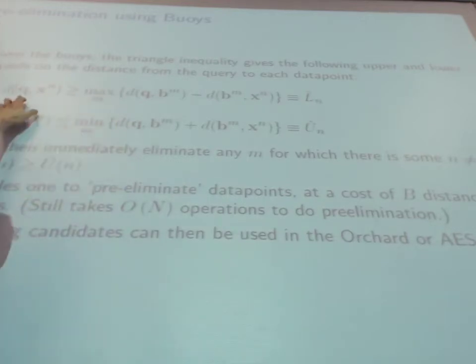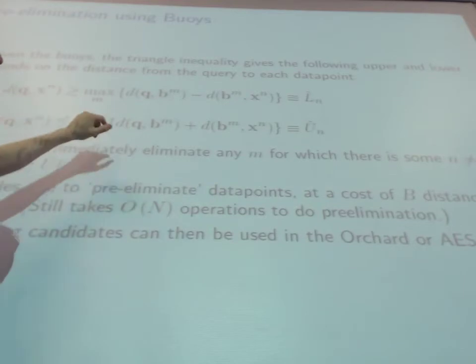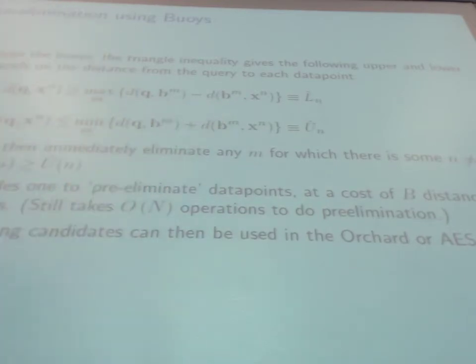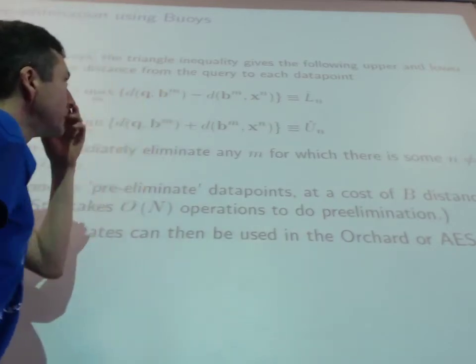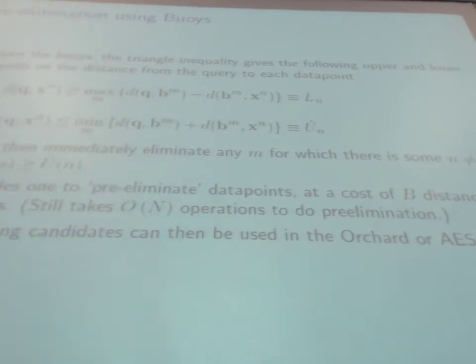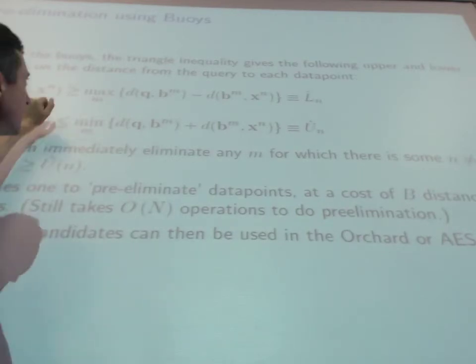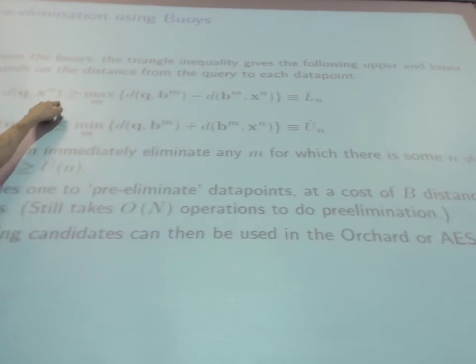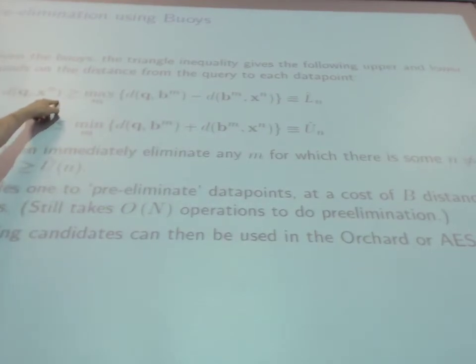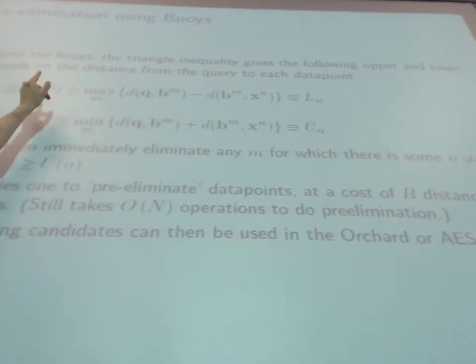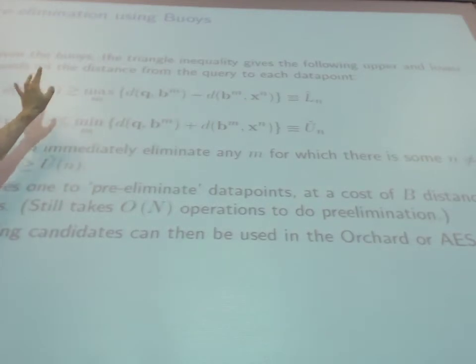Then we've got d(q, xn) plus d(bm, xn) is bigger than d(q, bm). One way to think about these, like I said last time, is that you've got a d(q, xn) here, and on the left you'd have d(xn, bm), symmetric. So essentially those xn's are the same, and you can collapse them into the bound on the remaining variables.